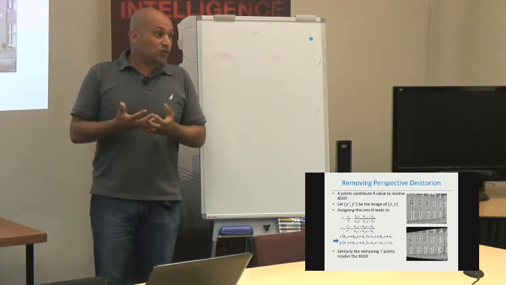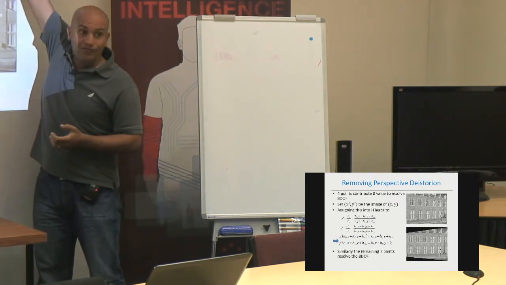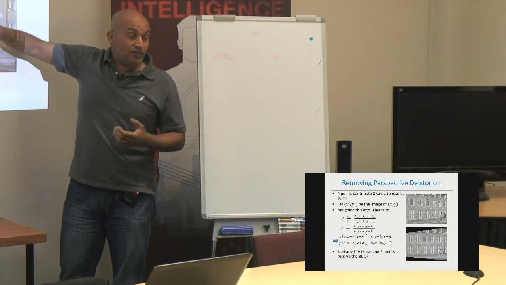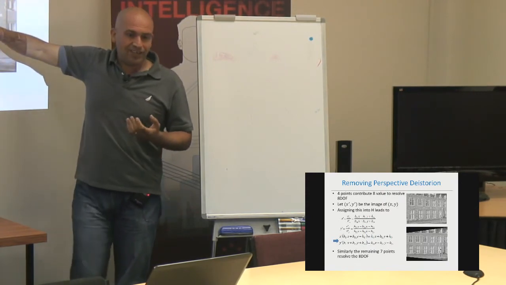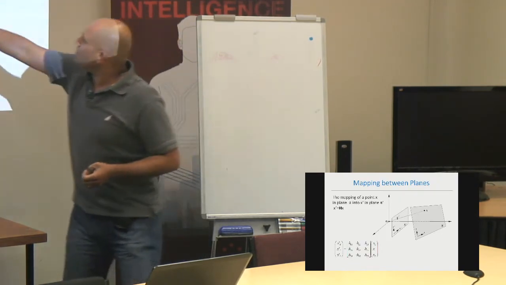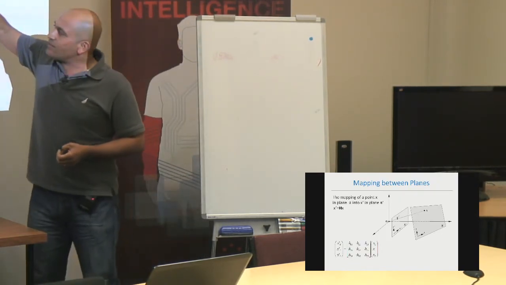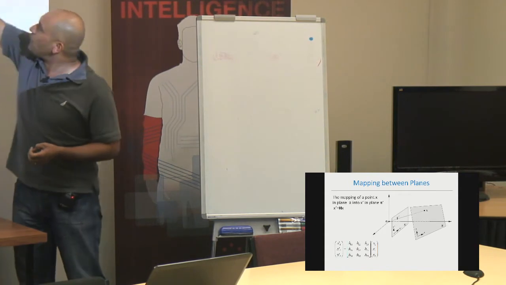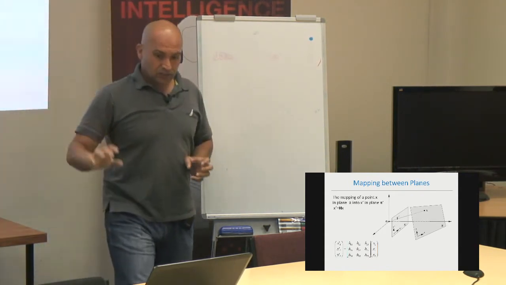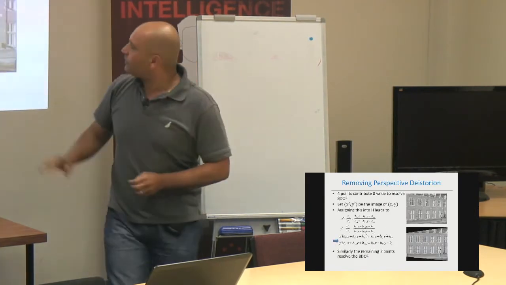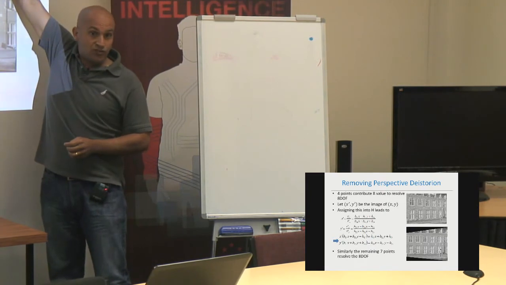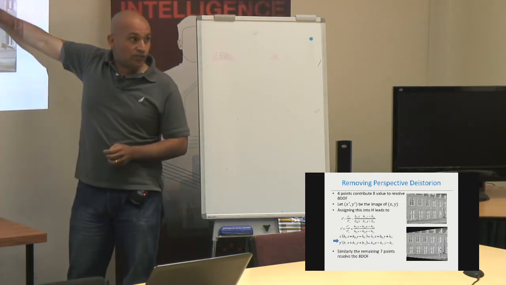Now, how are we going to compute the mapping of every point here to the new point? It will be done through a projective transformation, which means the first image will be this plane, the second image will be this plane. What we are interested in is finding this mapping. We have here one plane, which is this image, and we want to transfer it to this plane.